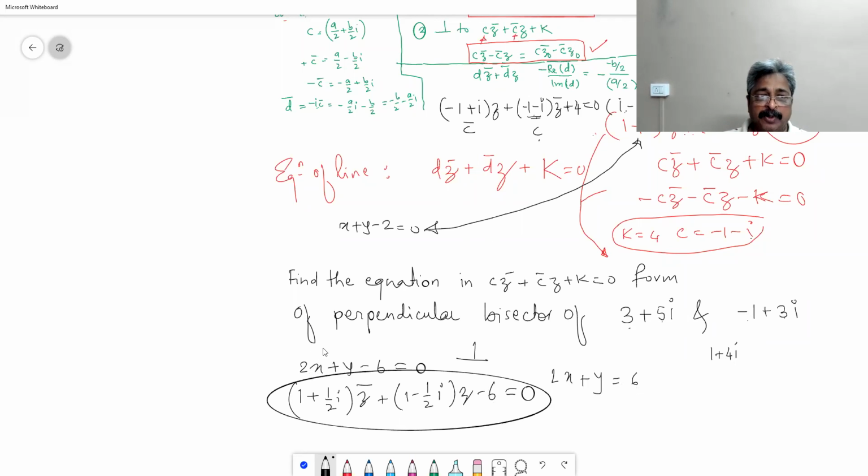Therefore, in ax plus by plus c form, the equation of the line will look like 2x plus y minus 6 is equal to 0, and its corresponding c z bar plus c bar z plus k equal to 0 type will look like this. So this is the equation of the perpendicular bisector. Okay, we will continue with this.